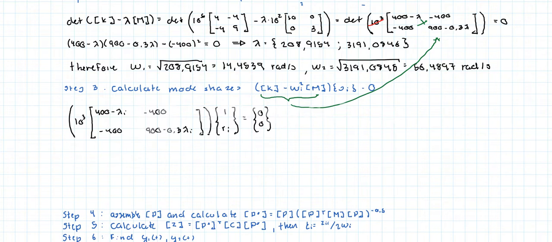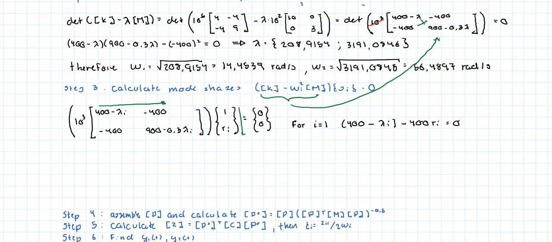Okay, so for I equals 1, we have 400 minus lambda I times 1 minus 400 r sub I is equal to 0. And we got that by multiplying this line by this vector.